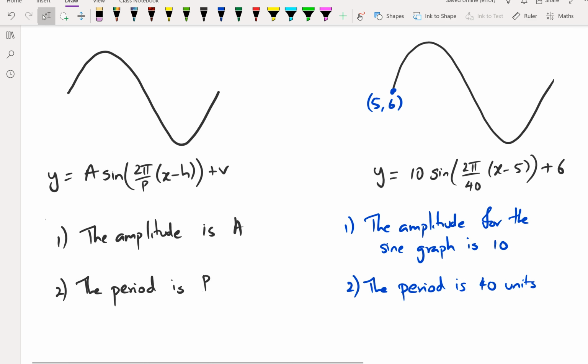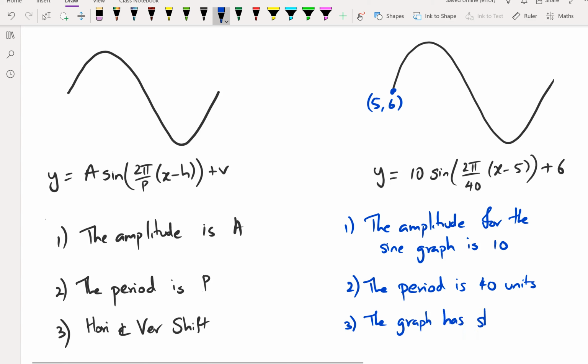And again, we talk about the horizontal shift and the vertical shift. So that's the third thing you can talk about. Now, I'm not going to repeat myself, guys, because that's what we did for the parabolas. So in my final answer, I can say the graph has shifted.